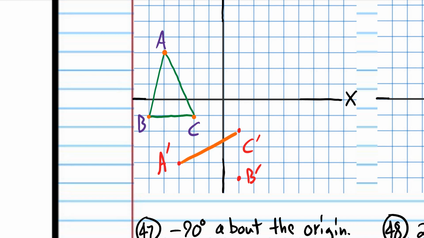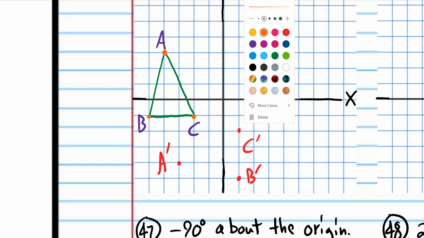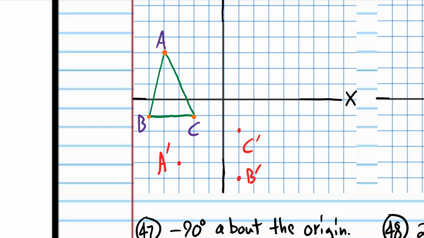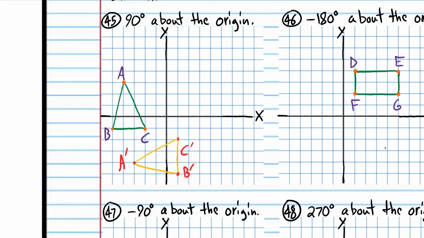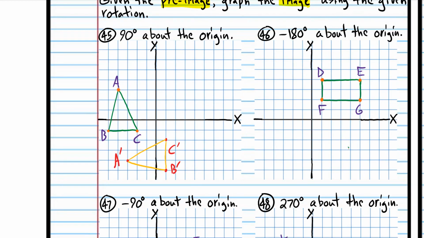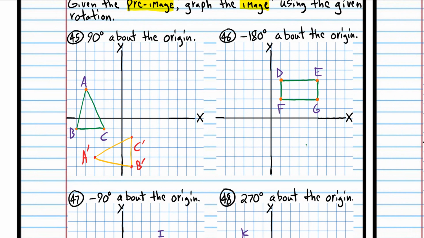I'm just using whatever color I can find where it would stand out. Maybe we can use yellow. And there is our triangle rotated 90 degrees. So just see if that makes sense, and it looks like it makes sense. So really we're just using common sense here.